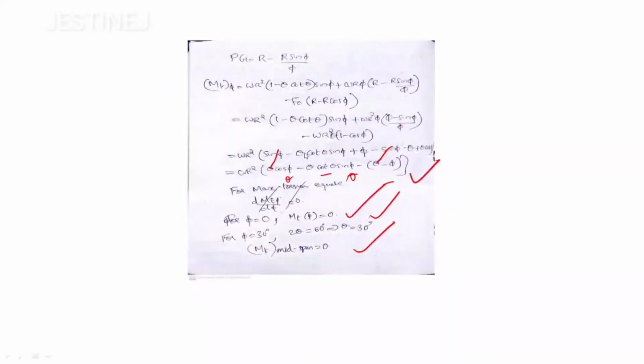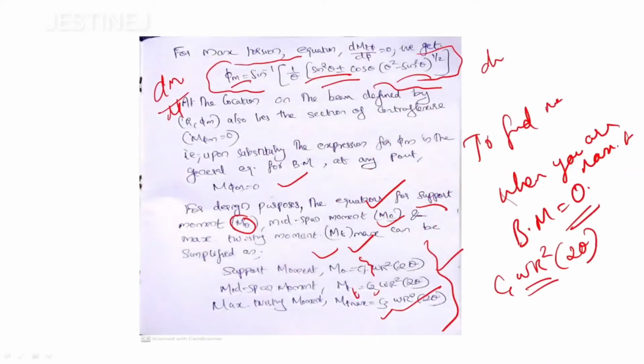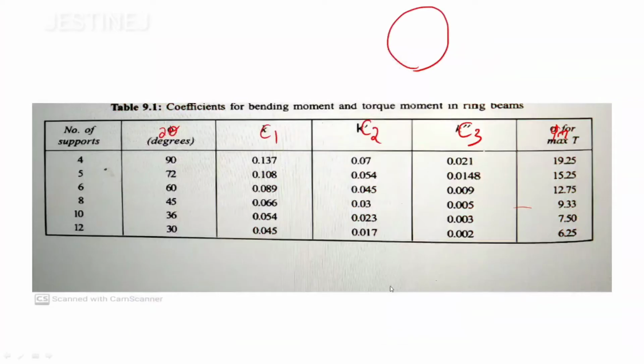So all those terms become a very simple equation, that is C1 WR square 2 theta, likewise. According to the supports, this angle will vary: 360 degrees divided by n, the number of supports, gives this 2 theta value, isn't it?